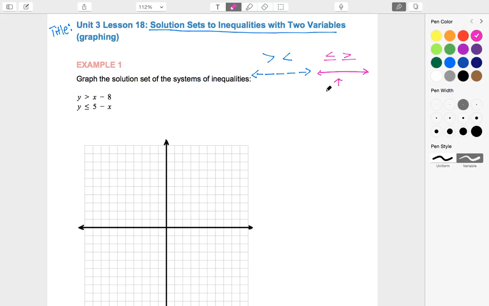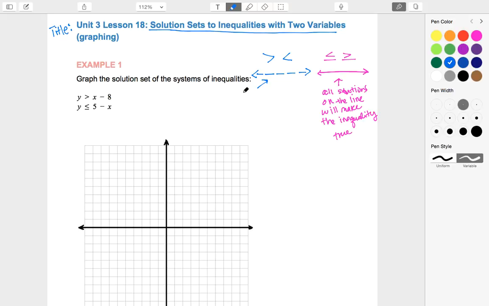So this just means all solutions on the line will make the inequality true. And then here for dash, if you want to write this, it just means that any solutions on the dashed line will not make the inequality true.